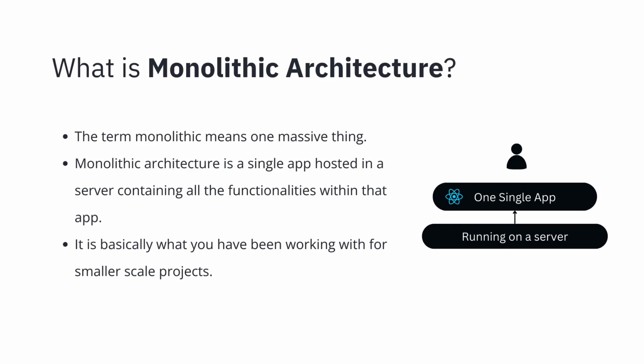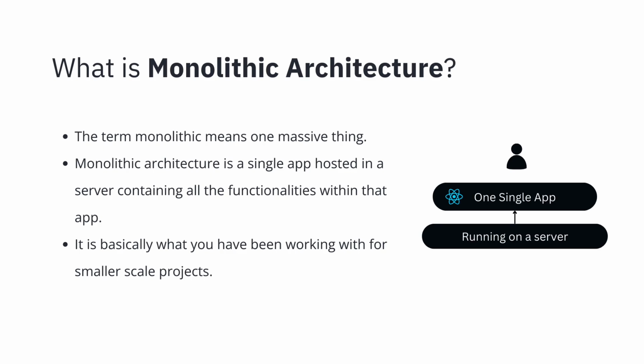By the term monolithic, it basically means one massive thing. You can assume that we are creating one single app and integrating all those functionalities within that single app. Simply one single application running is called monolithic architecture.